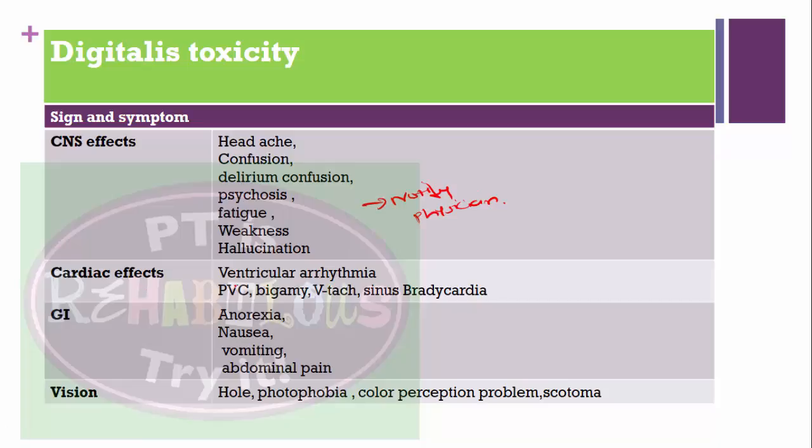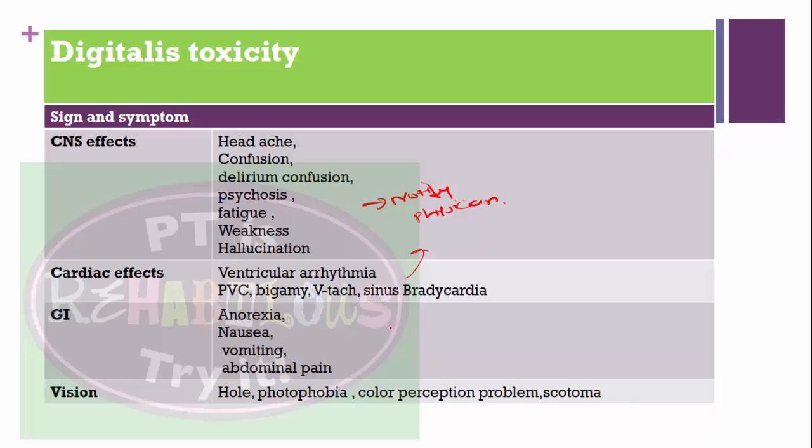If the patient is having cardiac effects, they may feel premature ventricular contraction, bigeminy or ventricular tachycardia, sinus bradycardia and ventricular arrhythmia. Again, notify their physician. If the patient is having GI disturbances, nausea, vomiting, they have to contact their physician and take medicine for that.